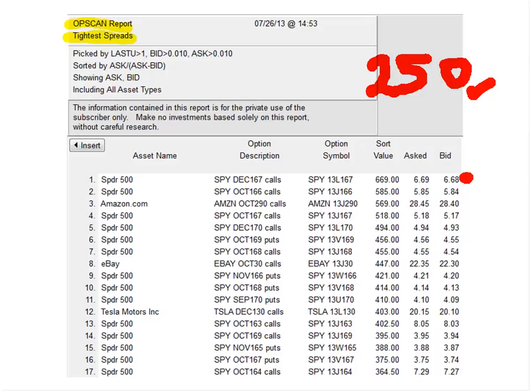All right, if there's tight spreads in the options consistently, that has a lot of ramifications, because now you can have a spread on in the spider, for example, and you could have a conditional order in to say, if the spider hits this price, then just execute a market order to get me out of that spread. And you're not going to get hugely taken to the cleaners that way.